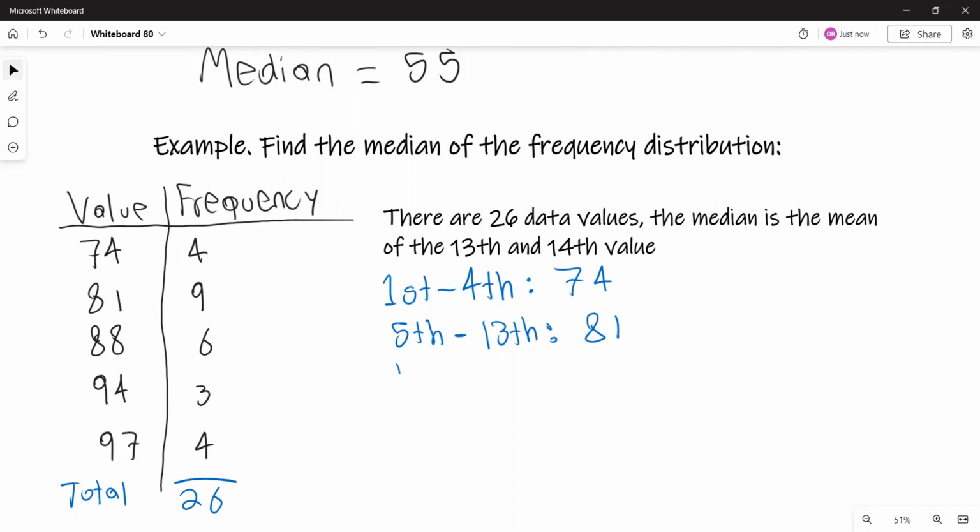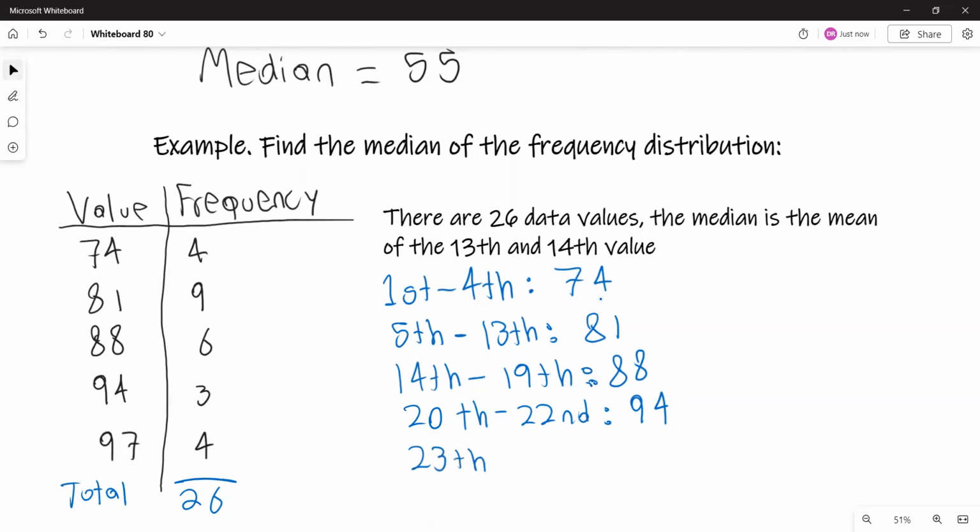From 14 to 19, even though you have enough information to find the median, I'm still going to write this, 20th to 22nd, it's 94. And the last four were 23rd to 26th, the value is 97.